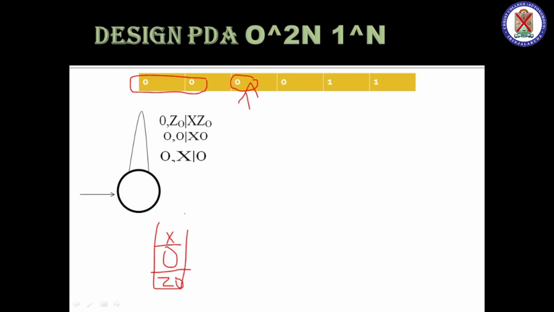So I will mark it as X. That is, every time you do 0 raised to 2, the odd positions are marked as X, and in the even position that X is replaced by 0. So after some time this will be replaced by 0. Okay, this will be replaced by 0, so I mark it as 0.